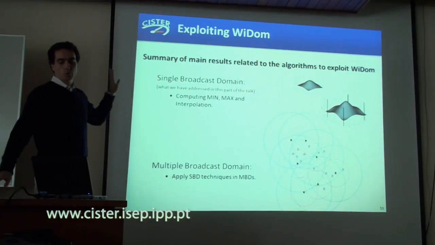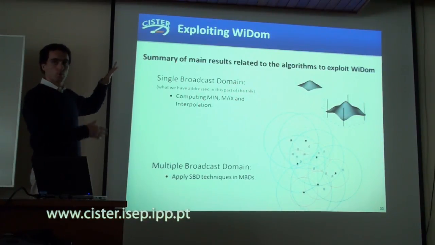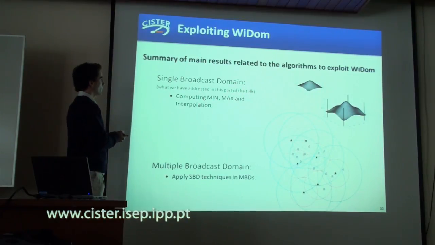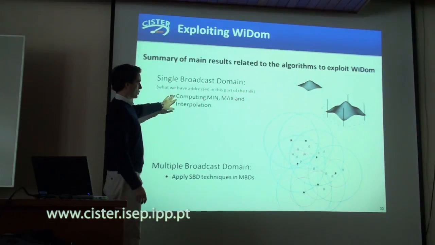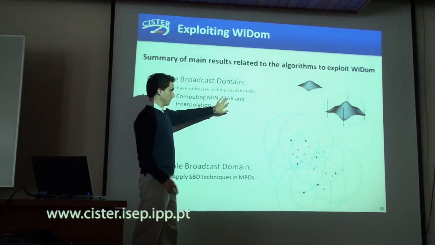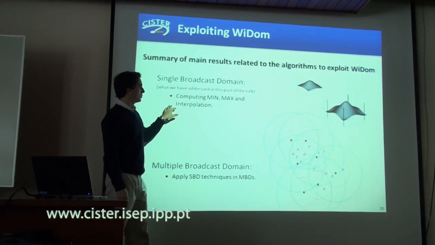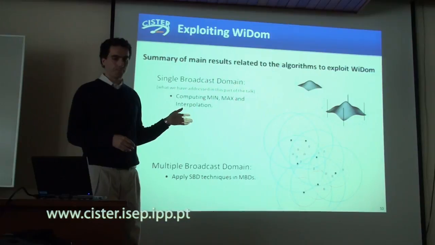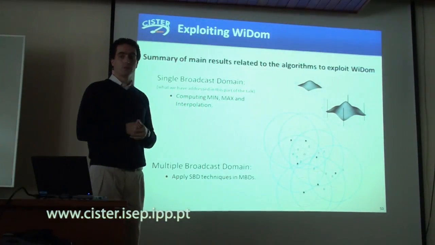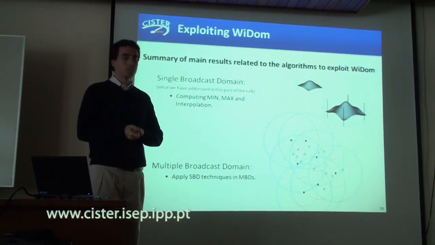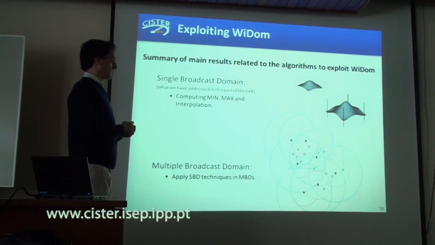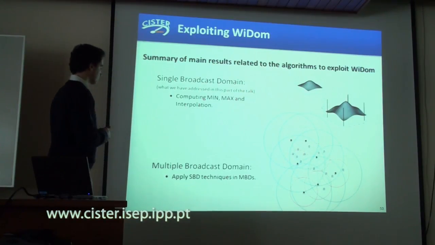So, related to the algorithms to exploit YDOM, this second part of the talk, we have shown how we can compute max and do an interpolation. We have also shown how to estimate the number of nodes, or live nodes, or the number of nodes that have a certain property, for example.